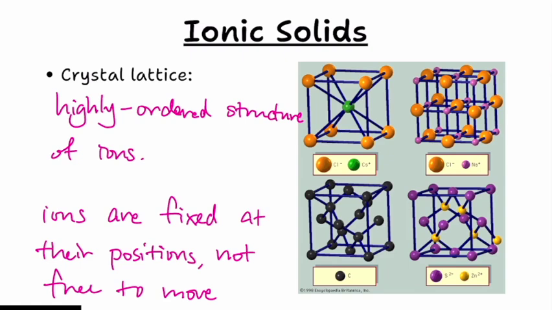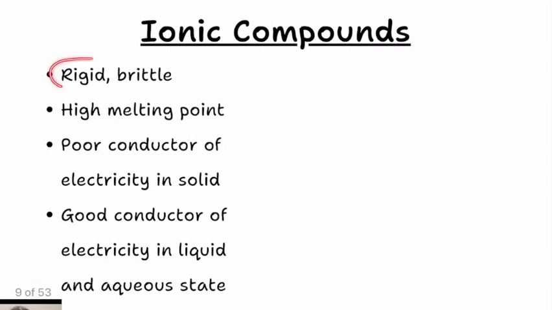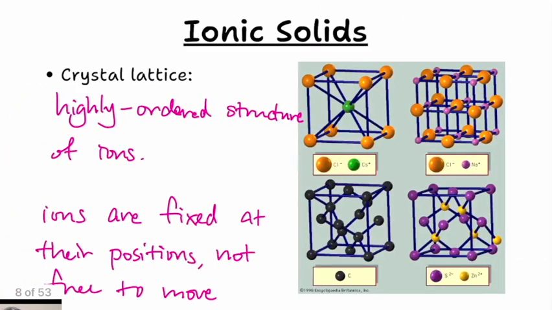So this crystal lattice structure pretty much explains or contributes to the physical properties of ionic compounds, such as rigidity and brittleness. Rigid means the structure is hard, not soft. This is because of the strong ionic bonds. You can see that there is an ionic bond between every single cation and anion, so this whole structure is very stable and not easily compressed.